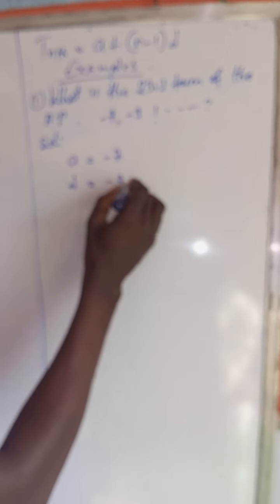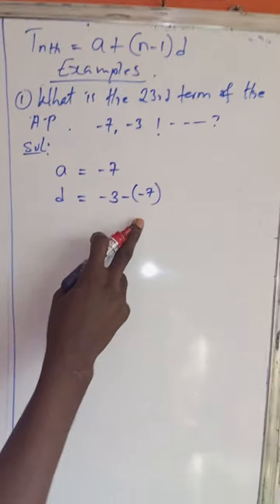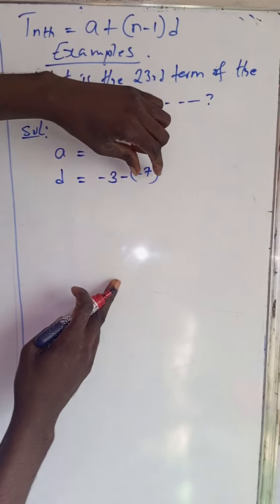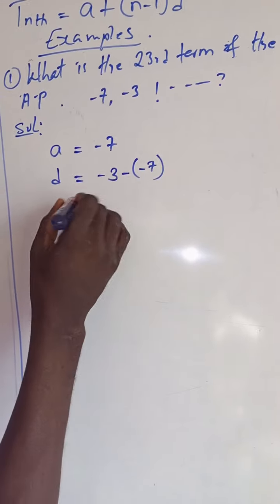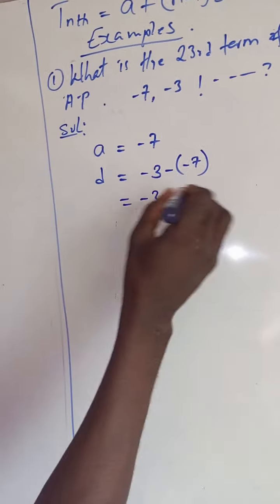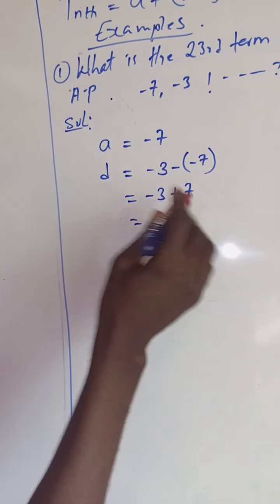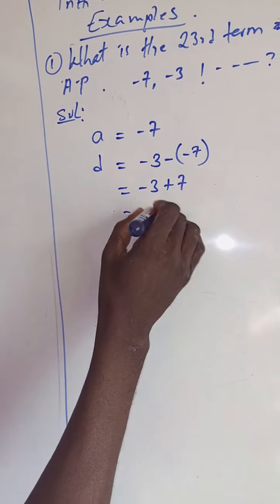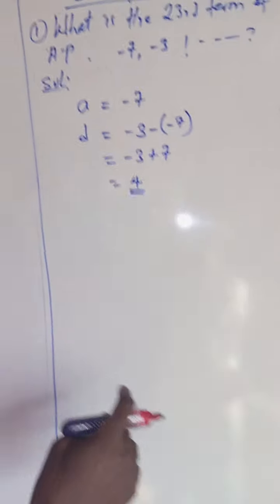Second term minus first term. The first term is minus 7, and the minus that I'm supposed to apply in between gives minus 3 plus 7, minus times plus, and this eventually gives 4.